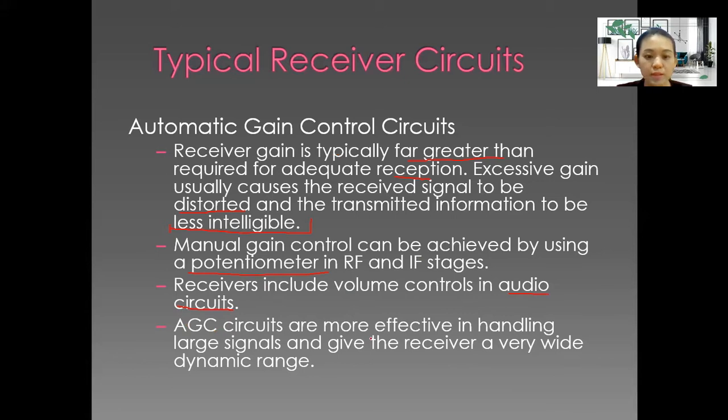AGC circuits are more effective in handling large signals and give the receiver a very wide dynamic range.